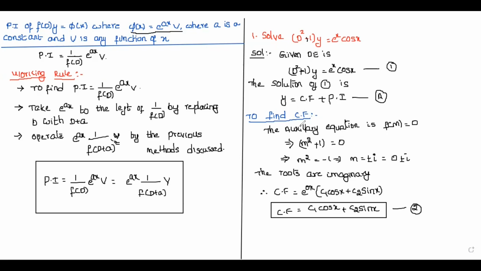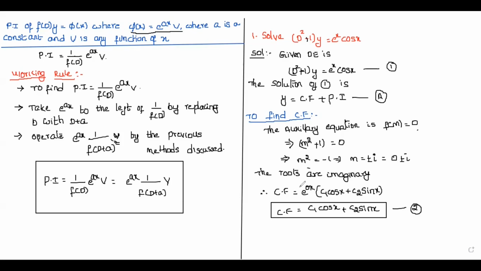To find the complementary function, the auxiliary equation f of m equal to 0, that means m squared plus 1 equal to 0, so m squared is equal to minus 1, implies m is equal to plus or minus i. This can be written as 0 plus or minus i, which means the roots are imaginary.